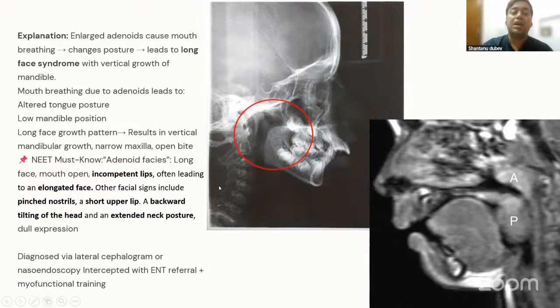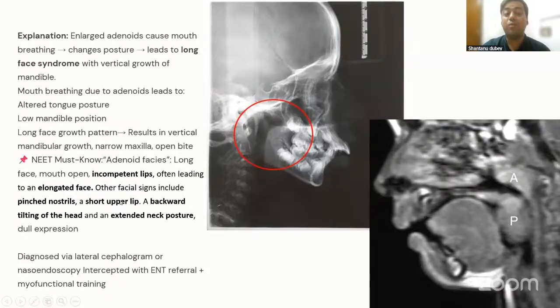This mouth breathing habit due to adenoids leads to a characteristic feature called adenoid facies. If we imagine the circle as a clock, the mandible rotates downward and backward, which is a clockwise rotation of the mandible. If the mandible rotates like this, the height of the face increases.